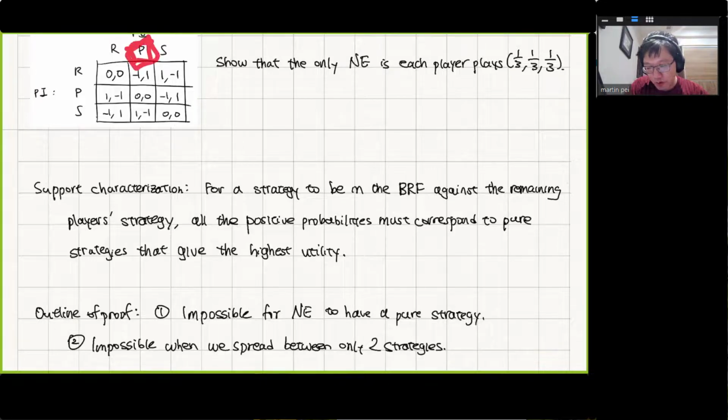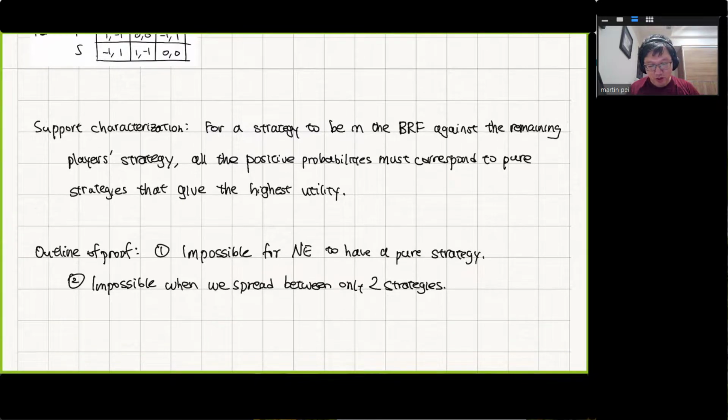If I only play rock and paper, then the other player will just play paper, so they will either tie or win. And then that goes back to it being impossible to have a pure strategy. So that is the second part: it is impossible when we spread between only two strategies.